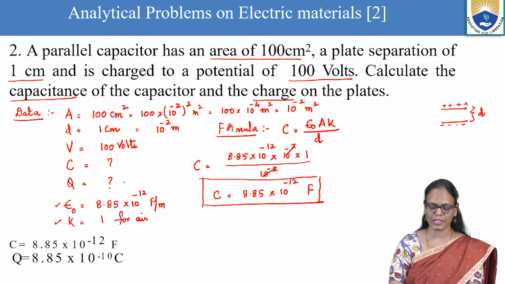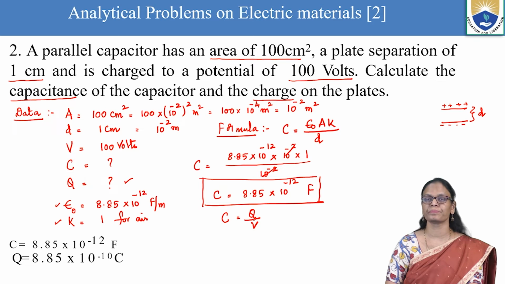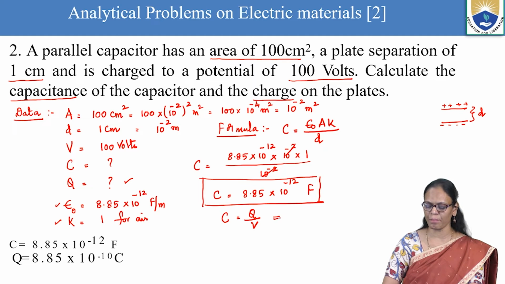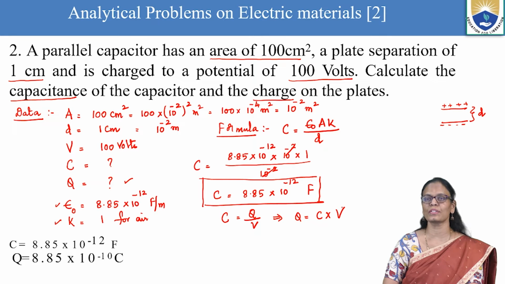So after capacitance, we have to find the charge. The formula for getting the charge is C is equal to Q upon V. So this implies Q is equal to capacitance multiplied by the voltage.